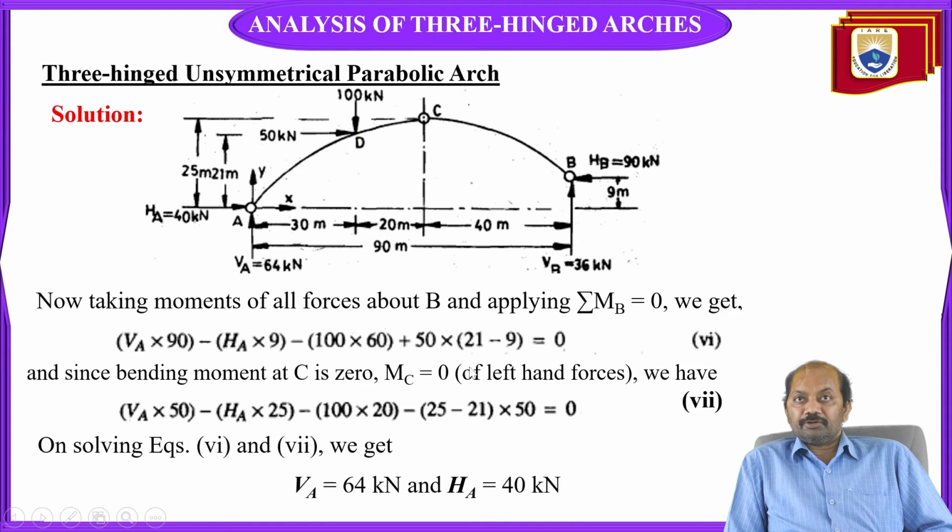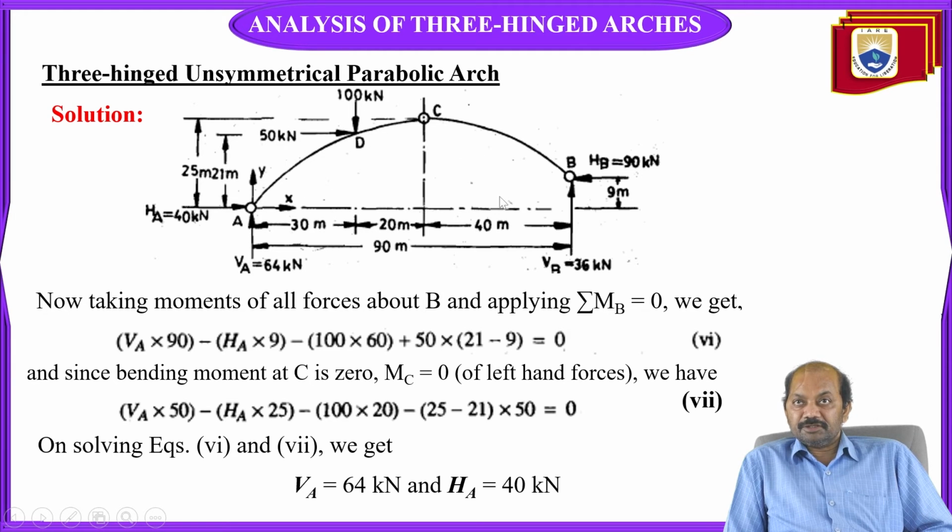Now taking moments of all forces about support B and applying sigma MB is equal to 0, we get this: VA into distance 90 minus HA into 9 meters minus 100 into. Why did you get this?